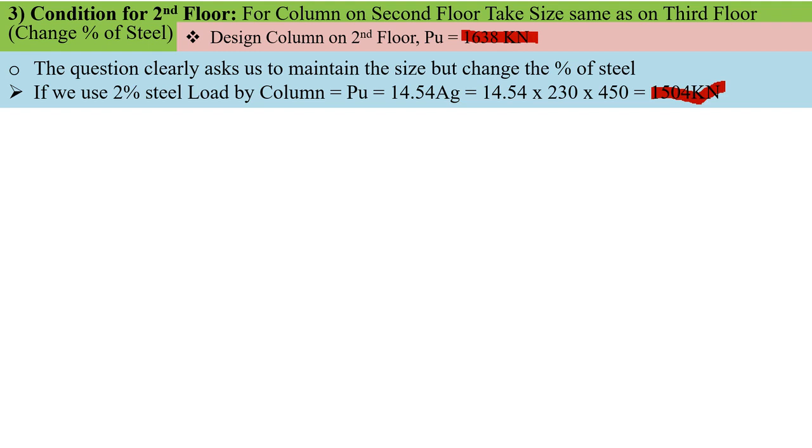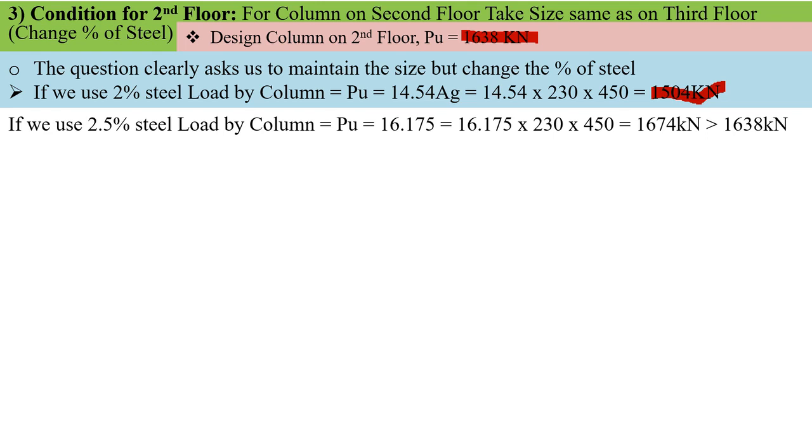So I need to increase the percentage, so I am going for 2.5 percent. So Pu equals 16.175 multiplied by the dimensions of the column, so I am getting 1674 kilonewton.